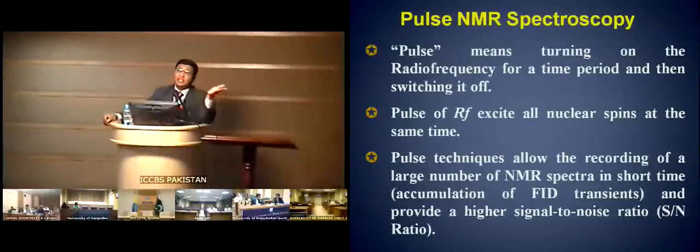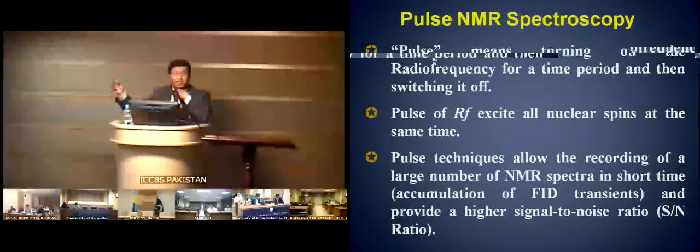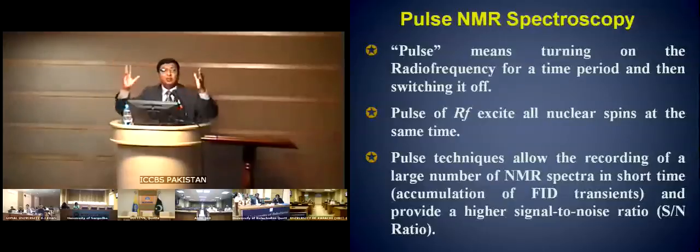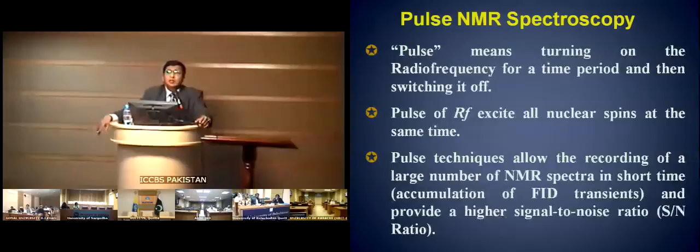Therefore, you need to have a flow injection, direct injection, in which you just automatically inject your sample, quickly going out of the system, and another sample goes in. So high throughput NMR is now becoming increasingly important for people who want to do high throughput work.